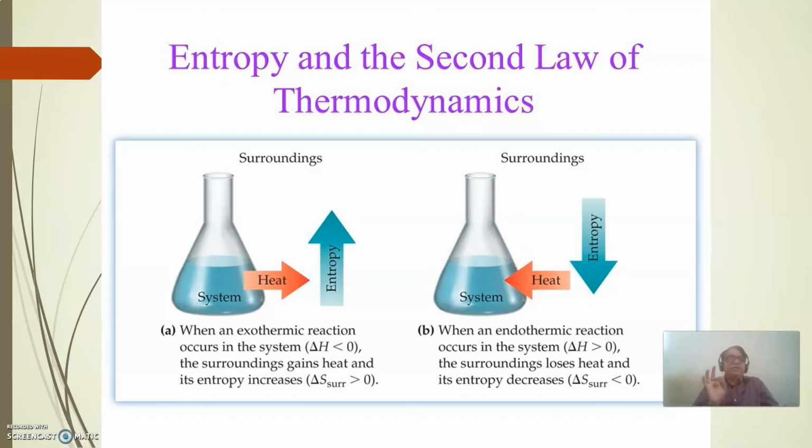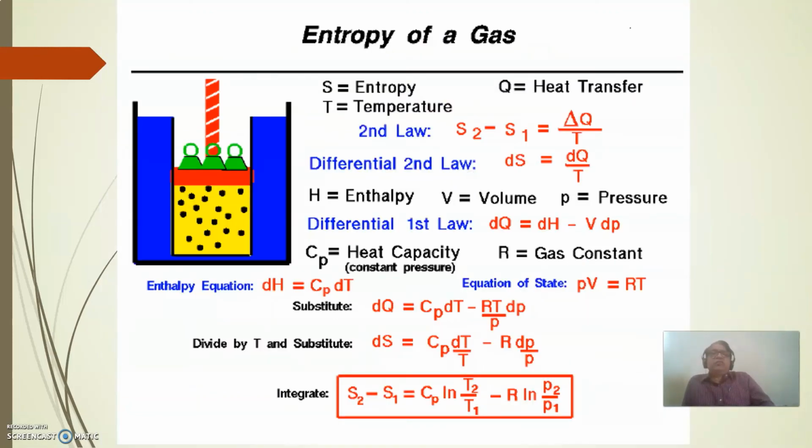That means there is an abstraction of heat from the surrounding, so there is a drop in the entropy of the surrounding. In the exothermic case we find an increase in the entropy. So try to understand. And for reversible and irreversible processes, what is the entropy?